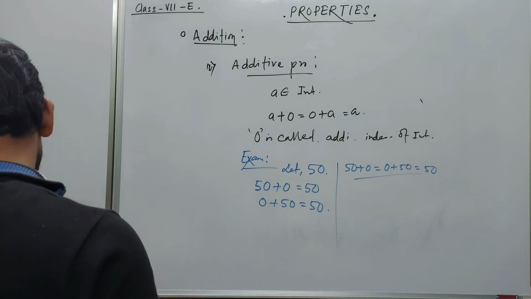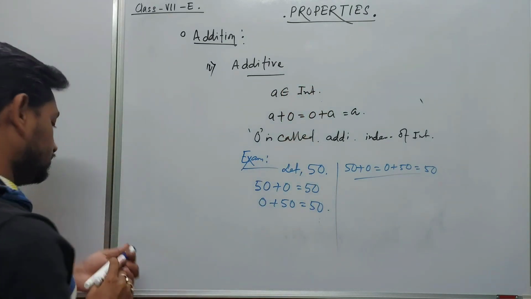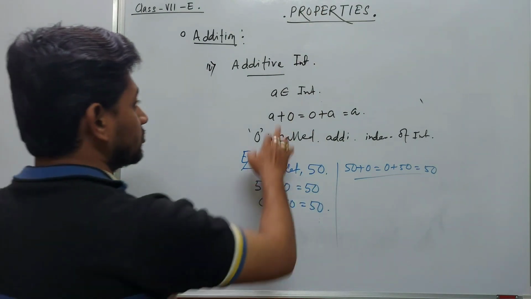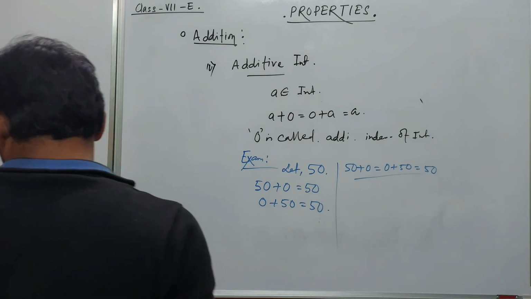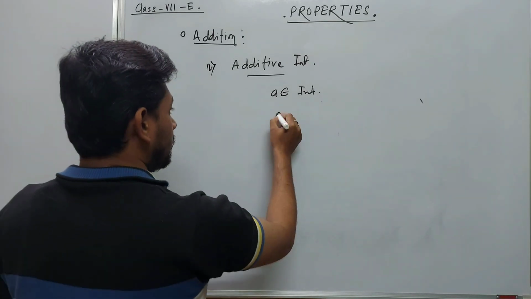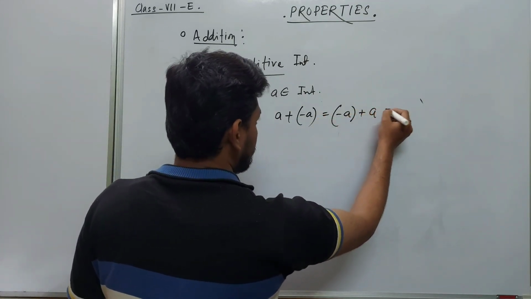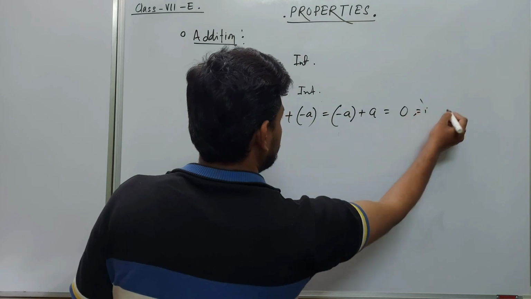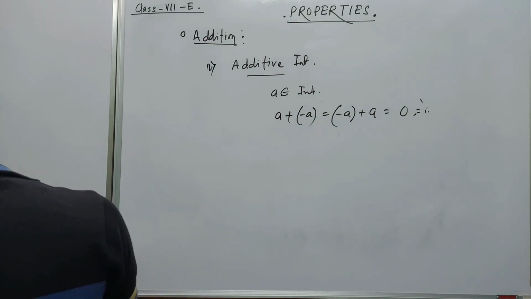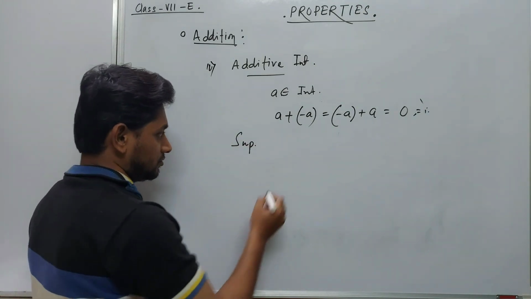Next part is the additive inverse. Similarly, if we take a number a which belongs to the integers, then we can write a plus minus a equals minus a plus a equals 0. For example, suppose 7.